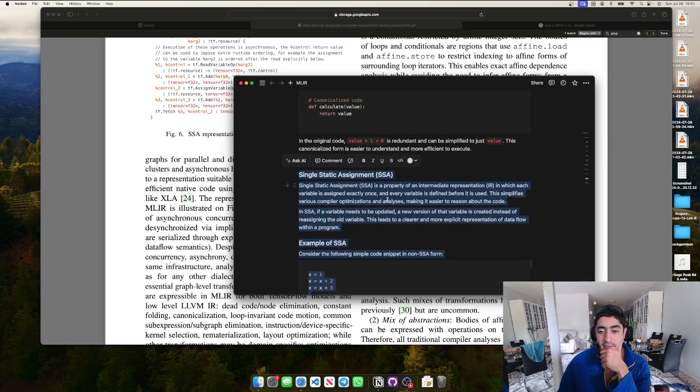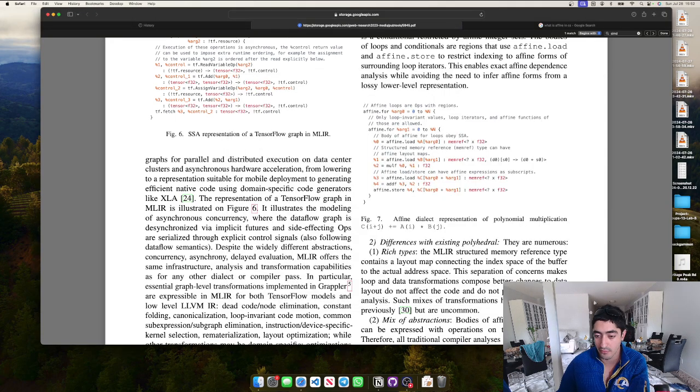Single static assignment is a property of an intermediate representation, IR, in which each variable is assigned exactly once and every variable is defined before it is used. This simplifies various compiler optimizations and analysis, making it easier to reason about the code. In SSA, if a variable needs to be updated, a new version of that variable is created instead of reassigning the old variable. This leads to a clearer and more explicit representation of data flow within a program.